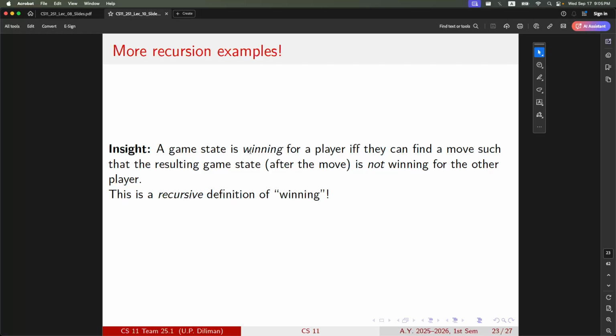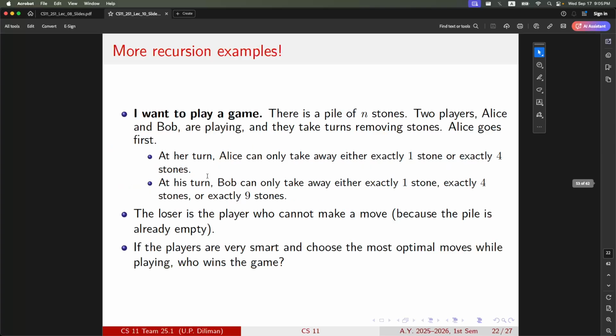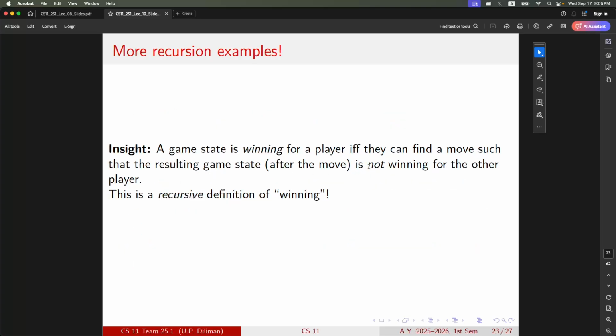A game state is winning for a player if they can find a move such that the resulting game state is not winning for the other player. So after doing one move, any move that they can do, if it results in a non-winning state for the other player, then they should win, right?